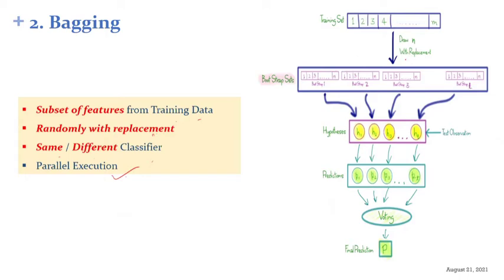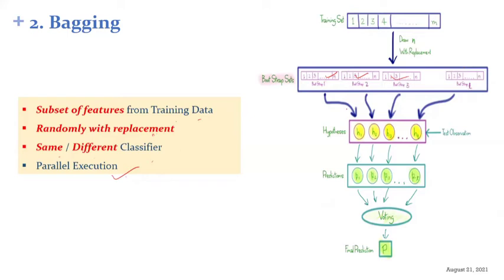This is the training set. You draw N with replacement. You want to select N from these M samples with replacement, which is why we call it a bootstrap set. This is a second bootstrap sample, another one. Some will be repeated.